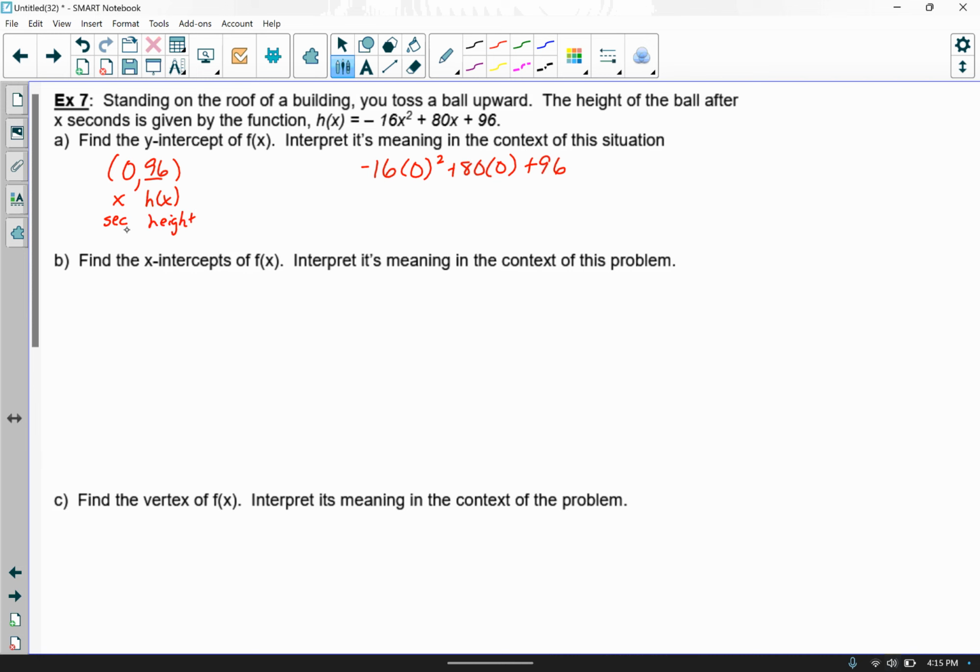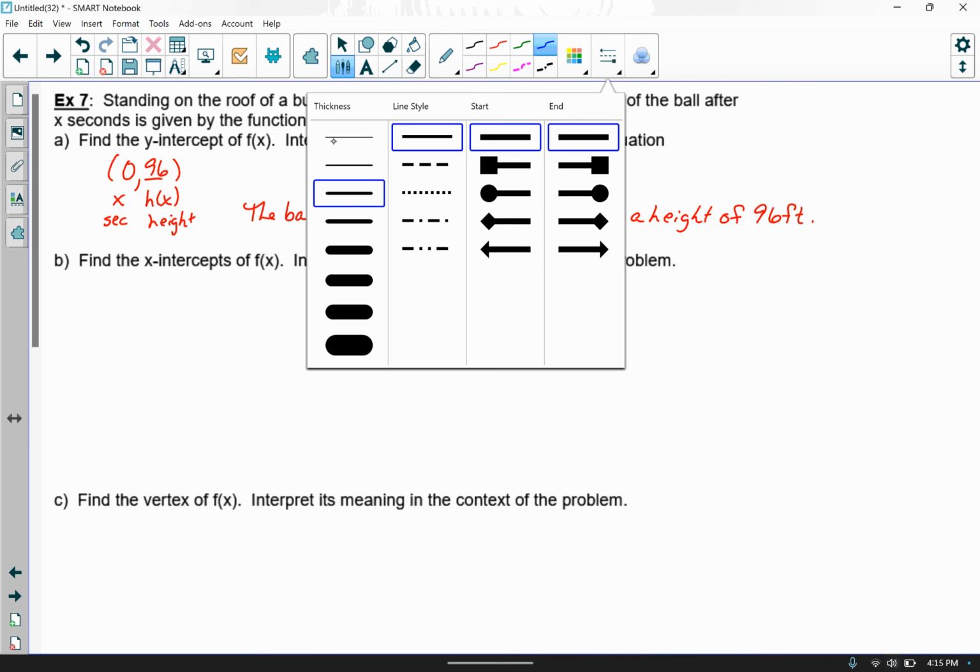So essentially what it's telling you is that the ball was initially dropped from a height of 96 feet.